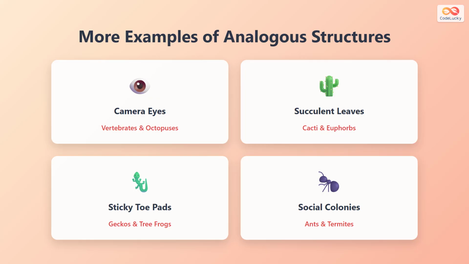Sticky toe pads for climbing evolved separately in geckos and tree frogs. Even complex behaviors can be analogous. Ants and termites both live in sophisticated social colonies with division of labor, but they evolved this lifestyle independently. These examples show that convergent evolution can produce similar solutions at every level, from simple structures to complex behaviors.